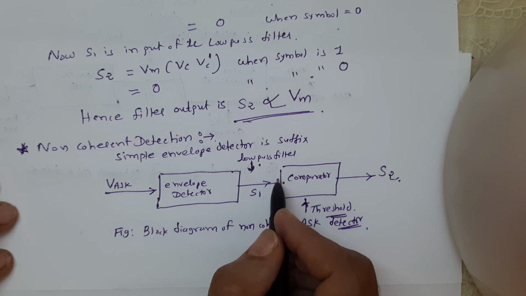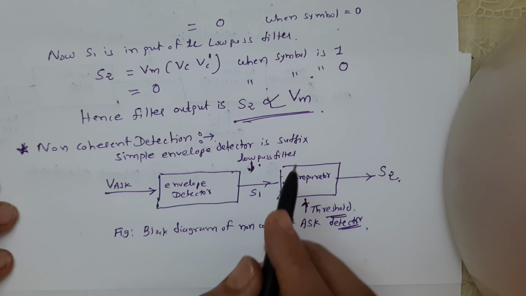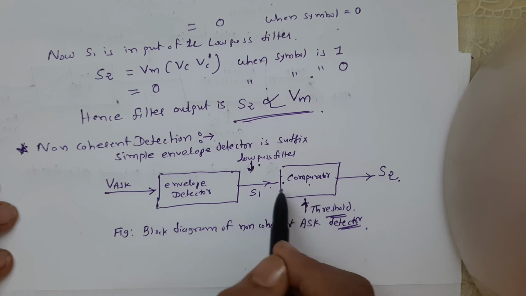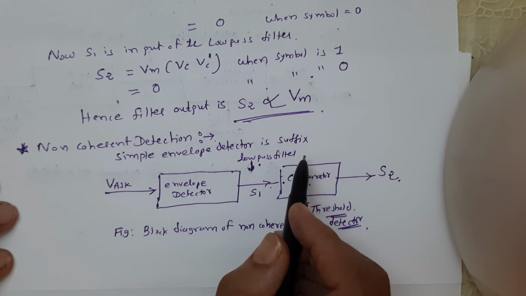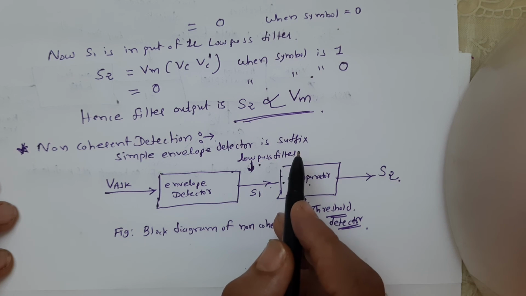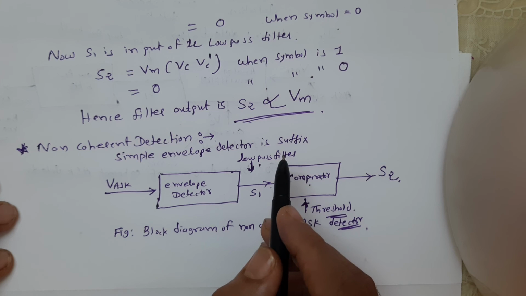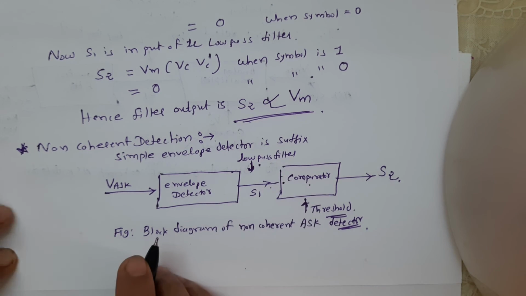This compares the output of the envelope detector, S1, to a preset threshold, and sets all the values greater than or equal to the threshold to a high level and resets the others to the low level. The waveforms at the various stages of the non-coherent ASK detector are shown in the figure.